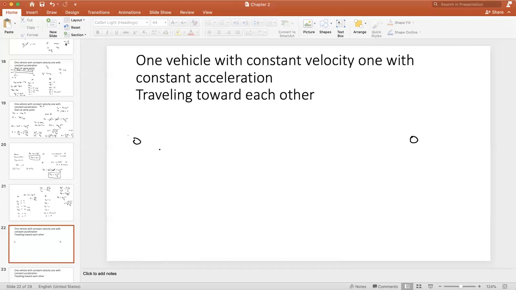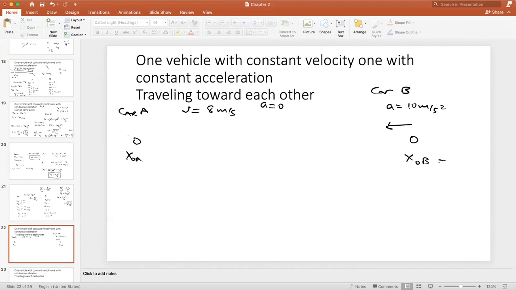This will be x initial for A, and we'll say that car A is traveling with a constant velocity of 8 meters per second. x initial of A is 0. And we'll say that car B is accelerating at 10 meters per second squared. So this is car B. X initial of B we will say is unknown.